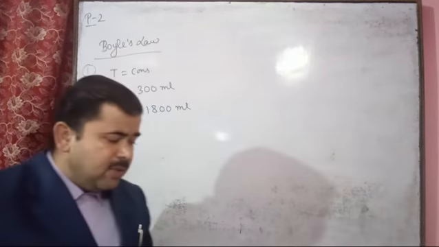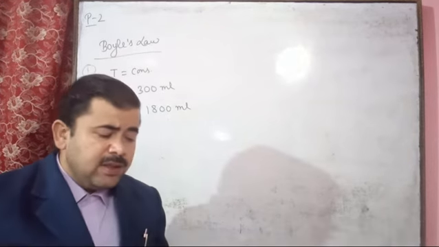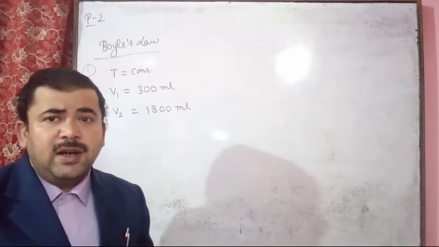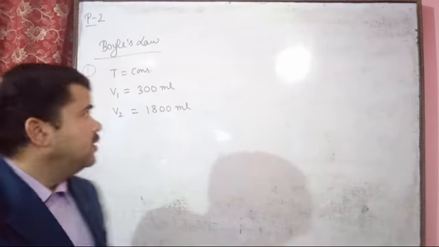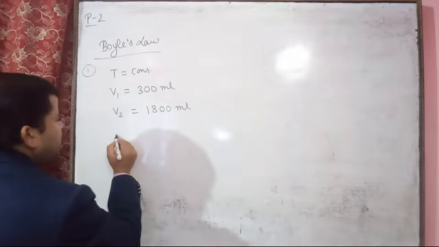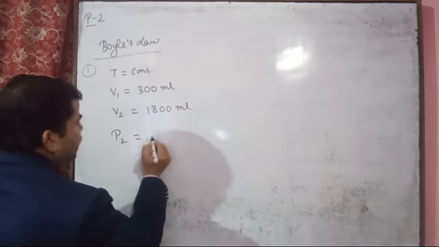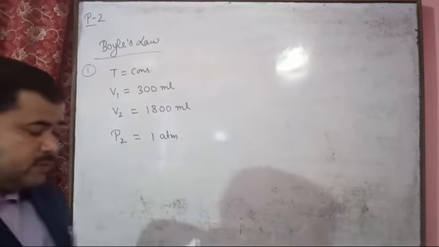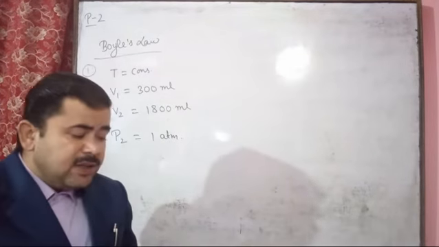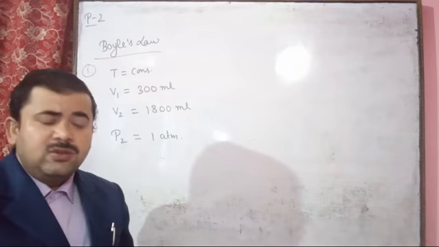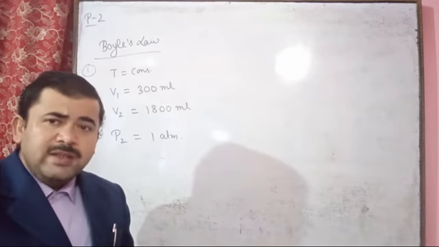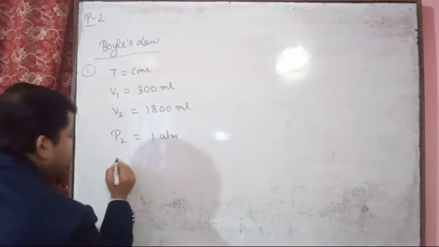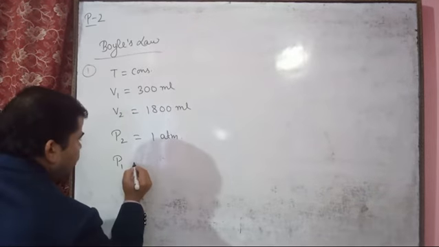Next information: at the end of the expansion, the pressure of the gas was found to be 1 atmosphere. At the end means final pressure, so pressure of the gas means P2, 1 atmosphere. What was the initial pressure of the gas? Here initial pressure is asked, so initial pressure means P1, which you have to determine.